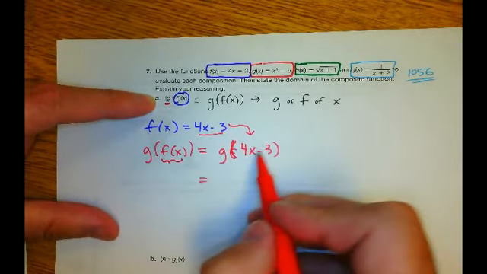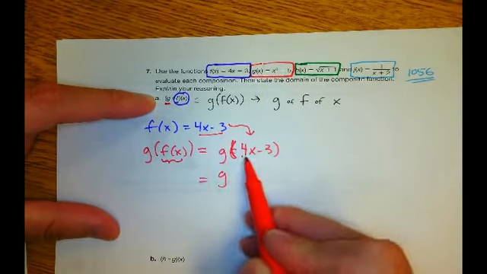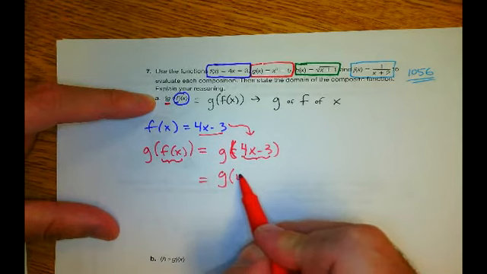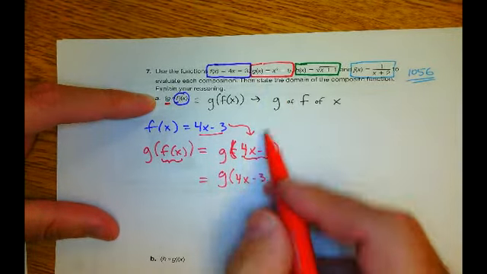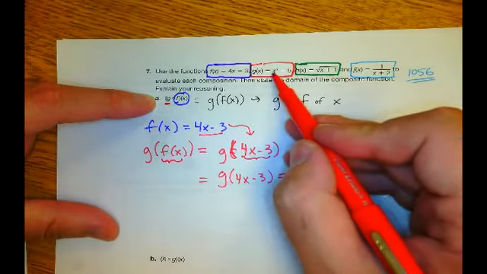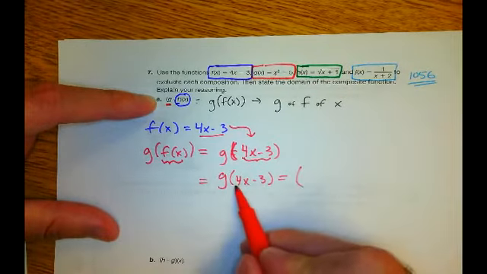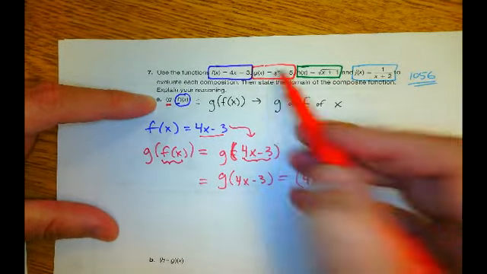We're going to go to that g equation, take out the x, and wherever we see this x, we're going to plug in that equation. So g of 4x minus 3 is going to equal this equation, taking out the x, plugging in this 4x minus 3. So the rule is, wherever you see an x on that equation, we're going to put a parentheses. And we're going to plug in whatever we want. We want 4x minus 3, right there at that x.